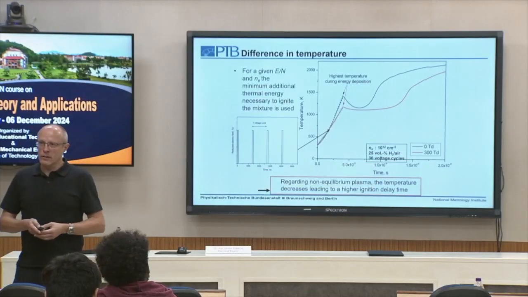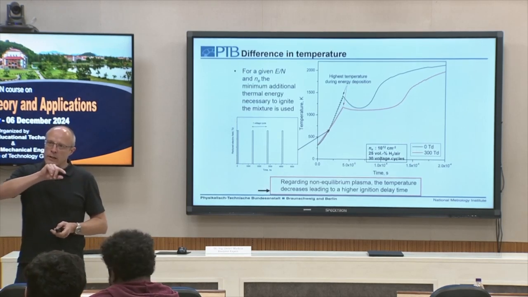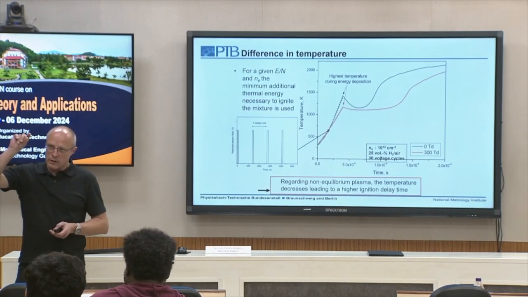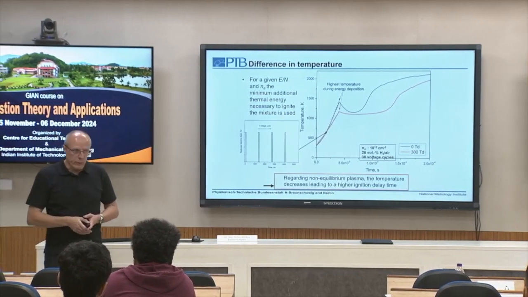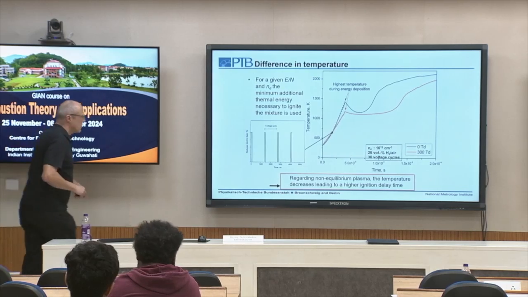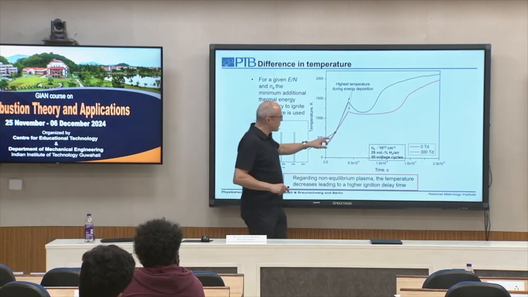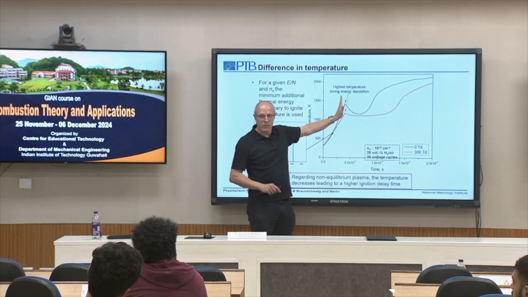Yeah, so what we normally have, so I have to check, so here you see it. Normally when we simulate a spark ignition, we have a continuous energy deposition along the whole spark time. So we heat up the system for a specific time. And here the spark ends.